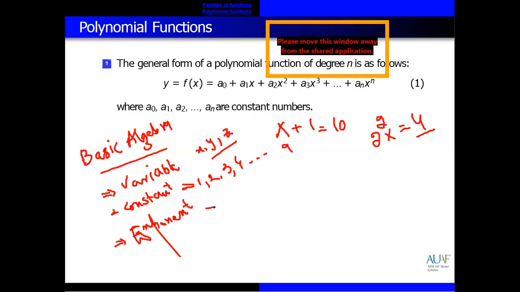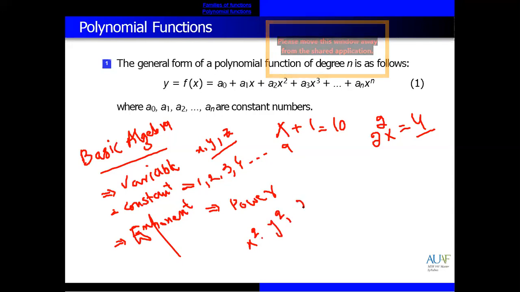Exponent, third one. Actually, exponent means power. You can say index power. So exponent like x square, or for example y square. The powers of these x and y are 1, 1. So these are called exponent. Power means how many times one number multiplies with itself.